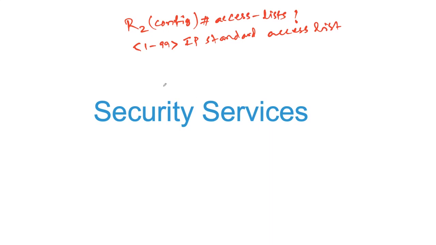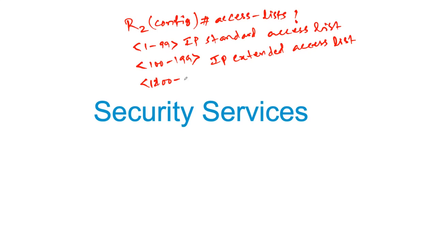And the access list numbers from 100 to 199 give the IP extended access list. The numbers from 1100 to 1199 will be used for extended 48-bit MAC addresses.